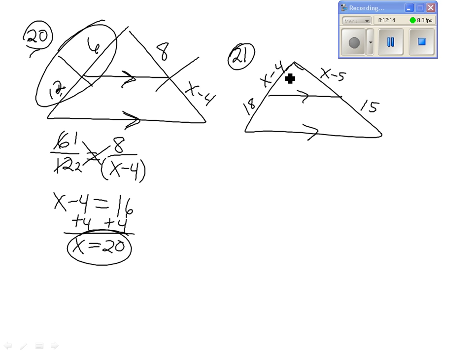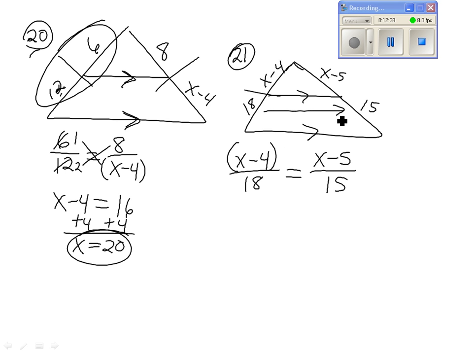Again, we can just set up x minus 4 compares to 18, the same as x minus 5 compares to 15. You could have gone this way, x minus 4 over x minus 5, 18 over 15, and that would have let us reduce. I didn't set it up that way.